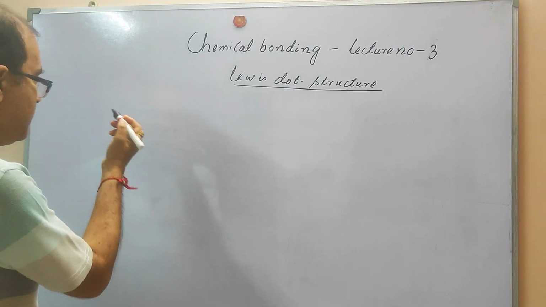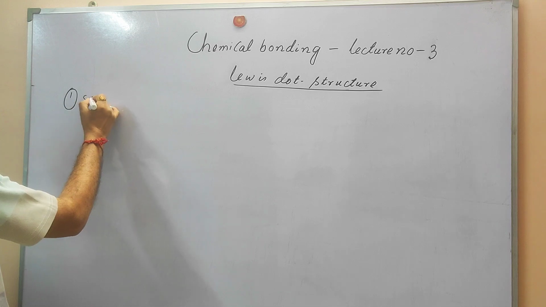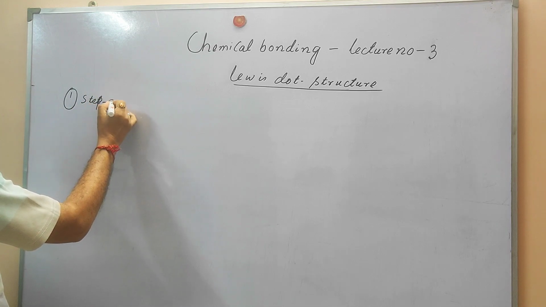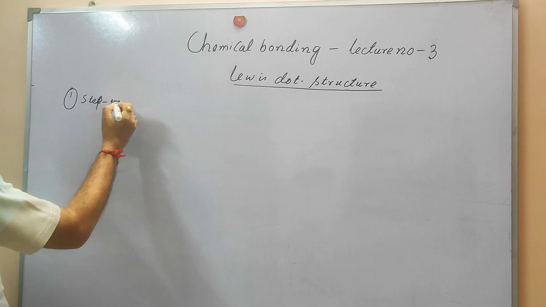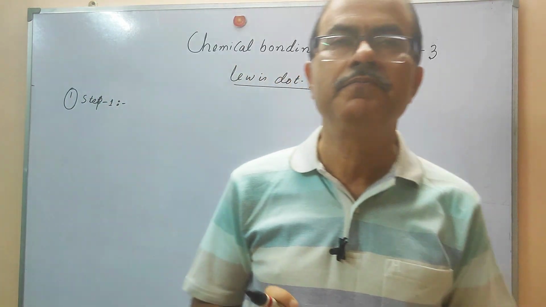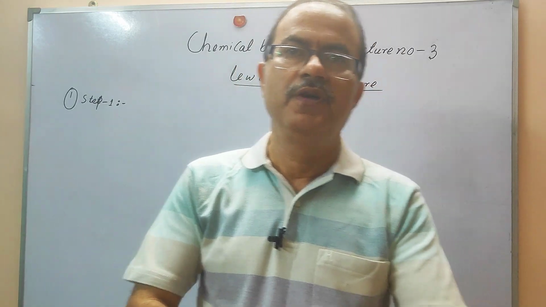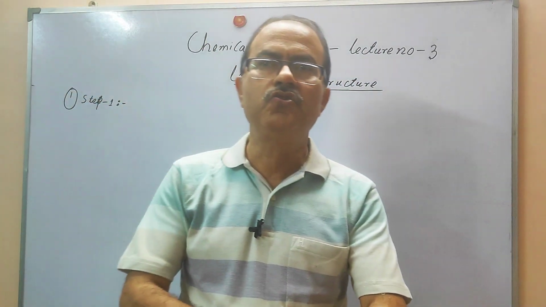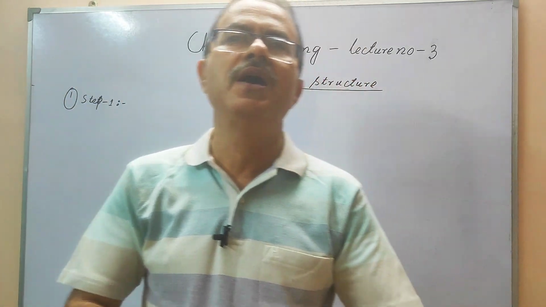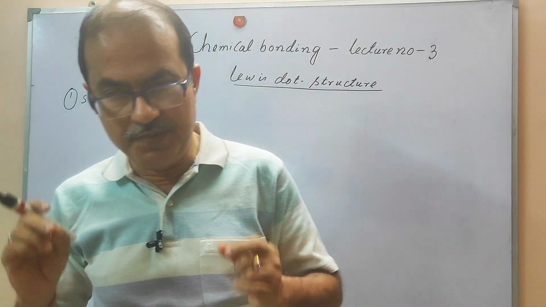First, let us understand the steps. Step 1: when we are going to write the Lewis dot structure, we need electrons, and these electrons are placed in the molecules in terms of bond pairs or lone pairs.